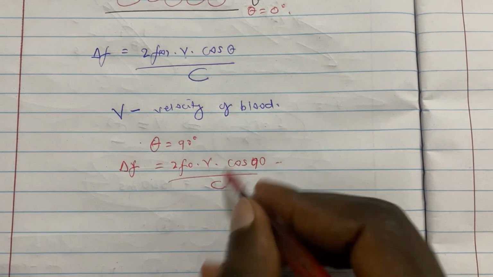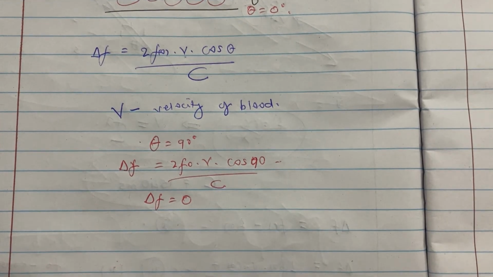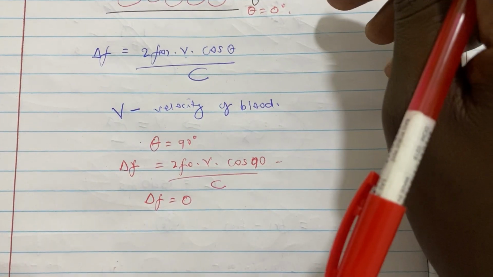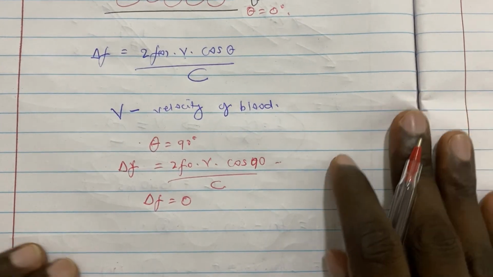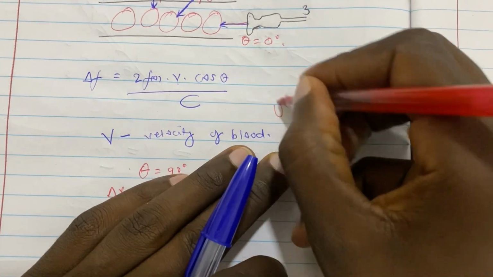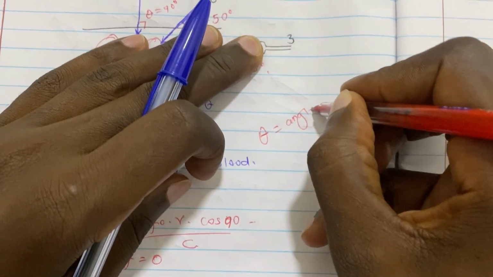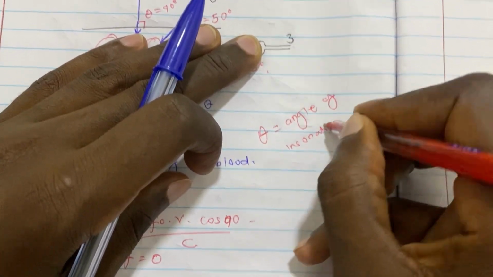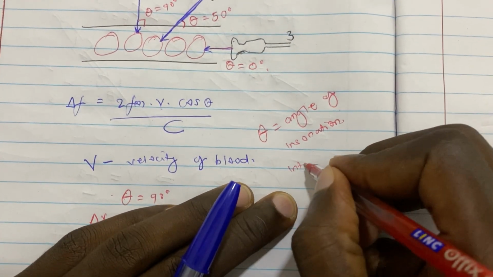Cos 90 is 0, so the Doppler shift here will be 0. There won't be any Doppler shift. You won't record anything. When your angle, what is theta? Now I'm defining it fully. Theta is the angle of insonation or interrogation angle.